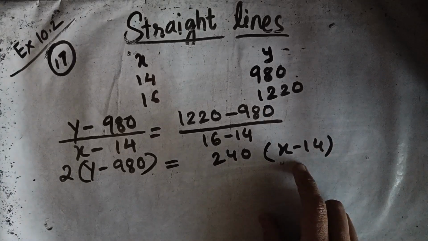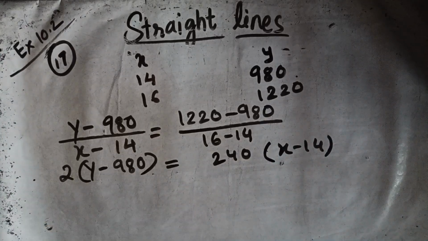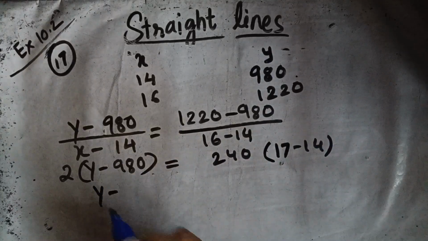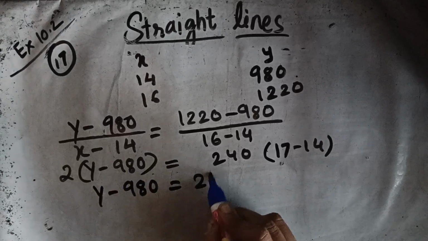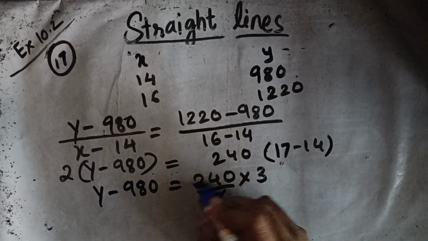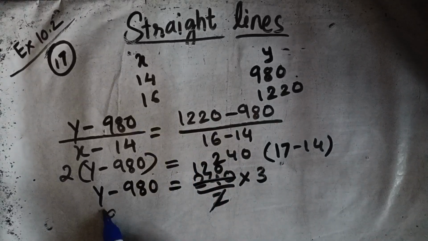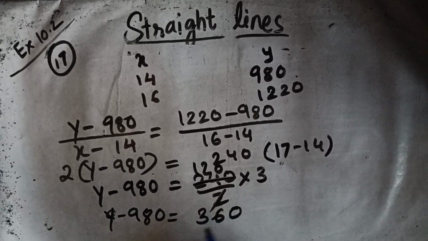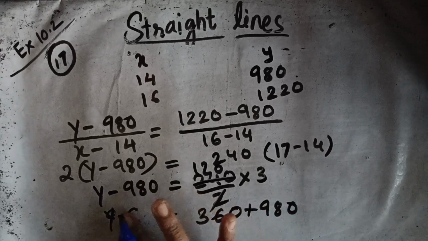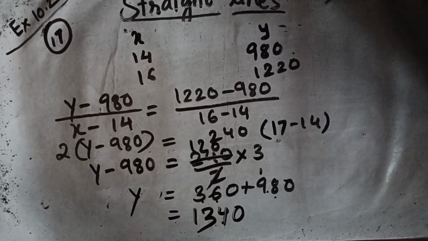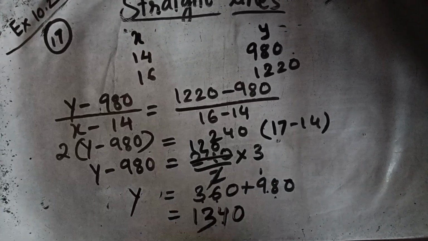So X is given, we have to find Y. So take value of X as 17. 1340 liters. Okay. Next question.